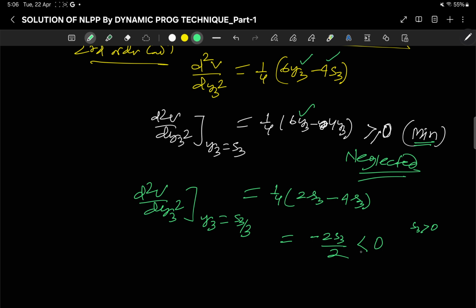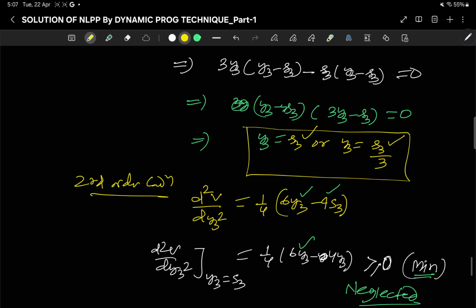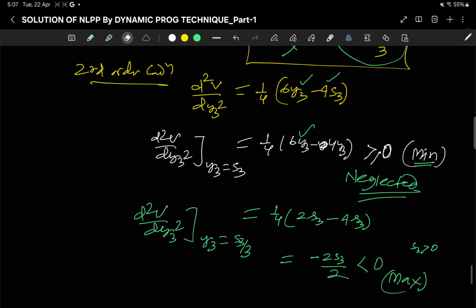So this is less than 0, and less than 0 means it leads to a maxima. So this value is accepted, right? Thus out of these two values, this value is accepted and this value is rejected, because it will not give you the maxima. And one more thing, it will be strictly greater than 0.